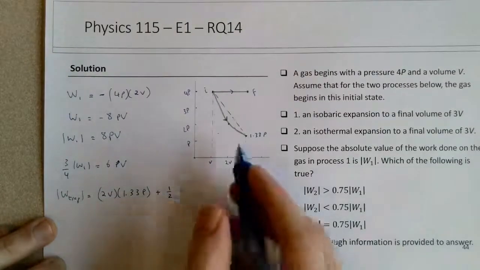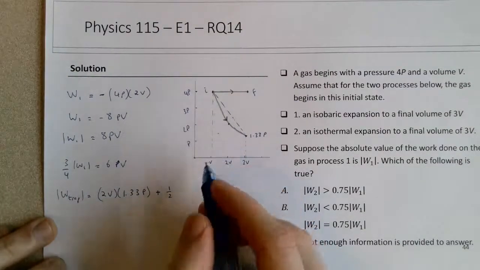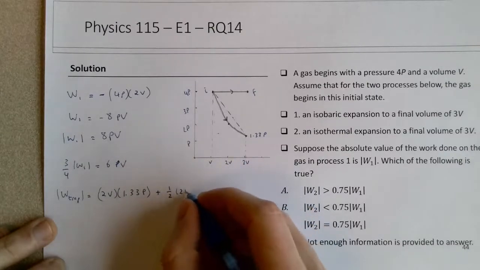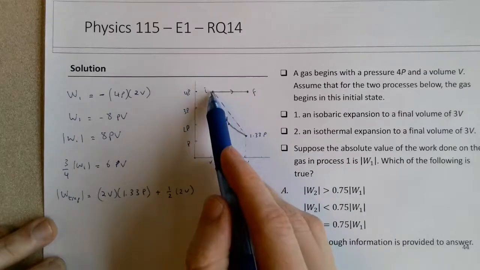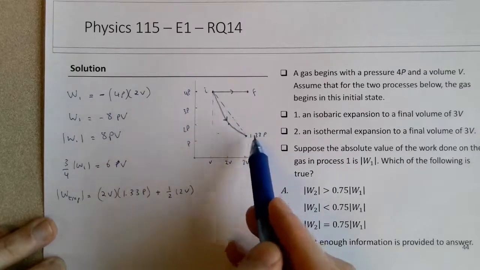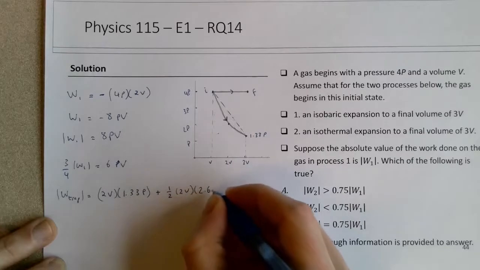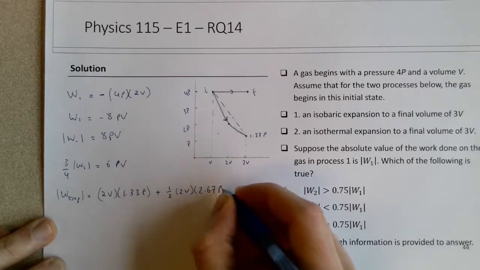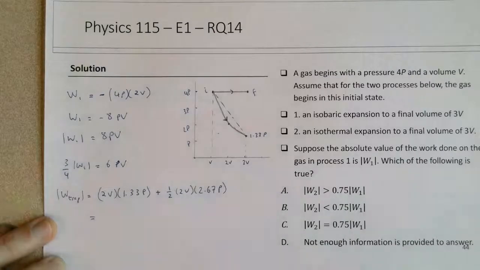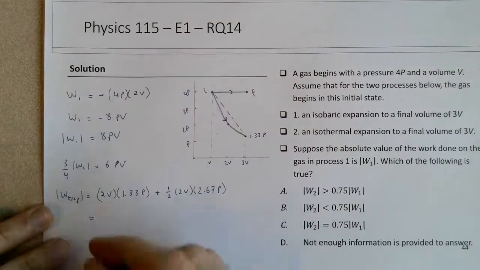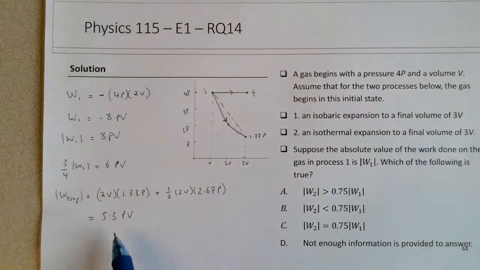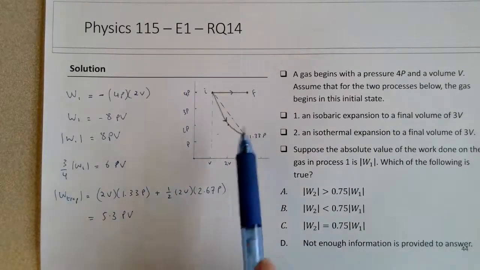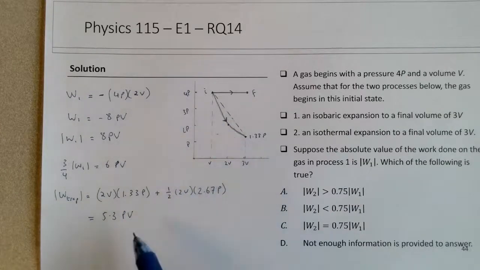I just wanted to show you where I'm getting these numbers from. It's half times the base 2V times the height: we've got 2P down to here plus another 2/3, so this is 2.6667P. This should give you 5.3PV.